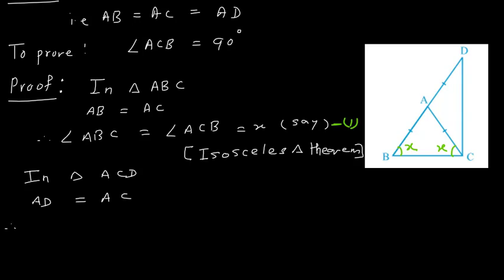Therefore angle opposite to side AD is angle ACD. Therefore angle ACD is equal to angle ADC is equal to, you can say, this is Y. Okay, this you can take second equation. So this is also isosceles triangle theorem.